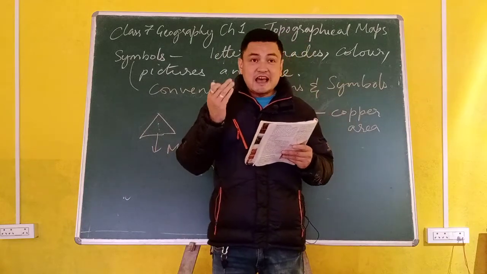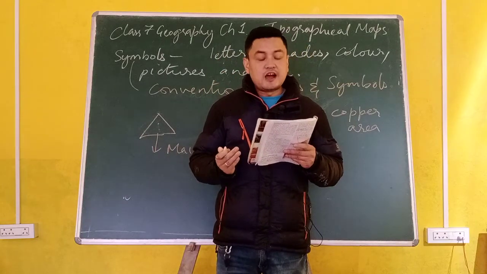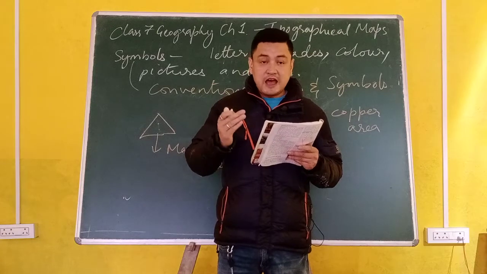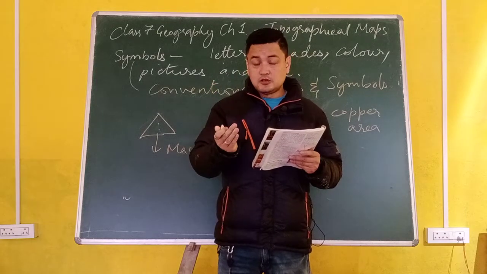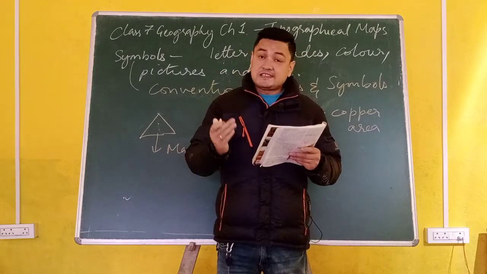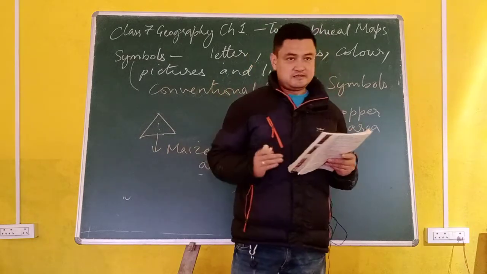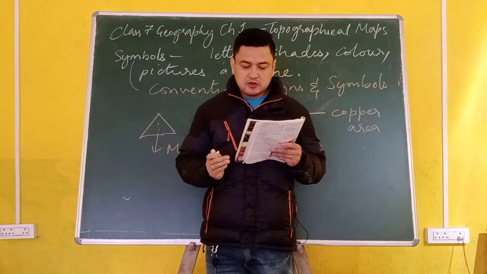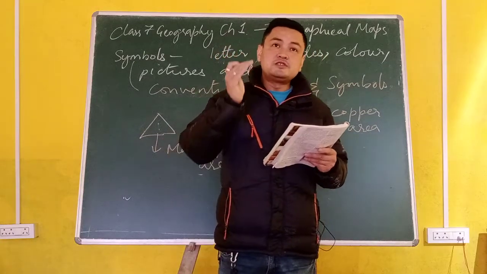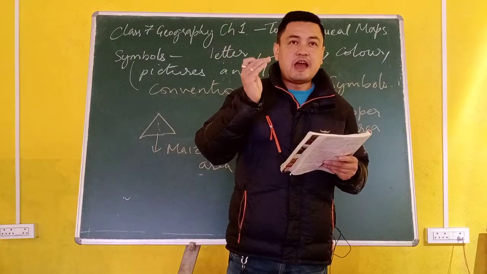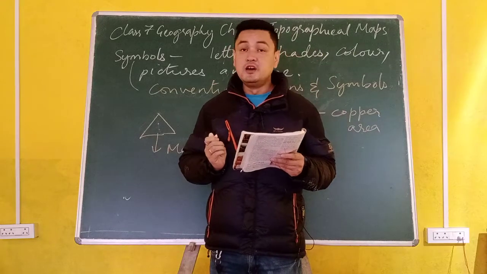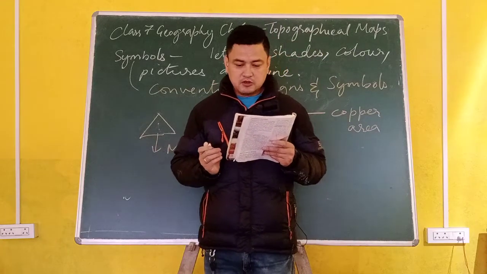There is an international agreement regarding the use of these symbols. So it is accepted by everyone that this symbol must be used for this. So they are universally accepted by everyone in the world.